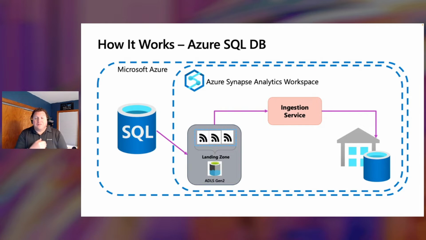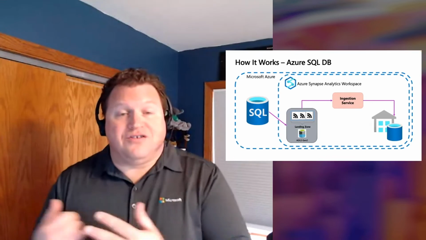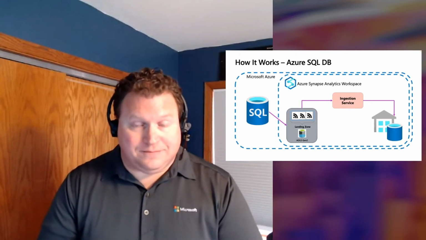So in near real time, we are bringing that data from your operational systems into an analytical workspace. This is happening as you go along. It's trickling the data through once that initial feed has been set up.